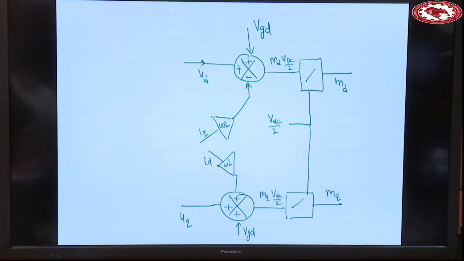Now the complete control is: this side will be a compensator acting on ID ref minus ID, and this ID will be going on this side.